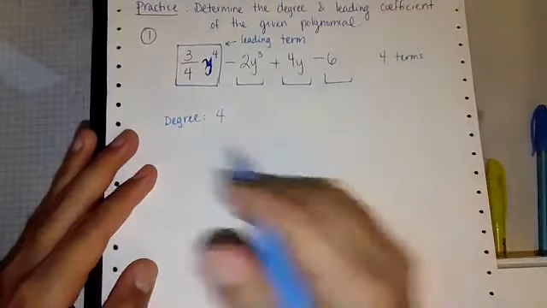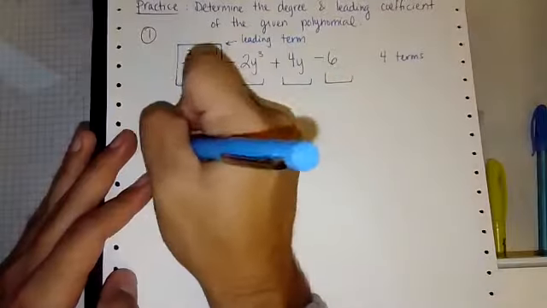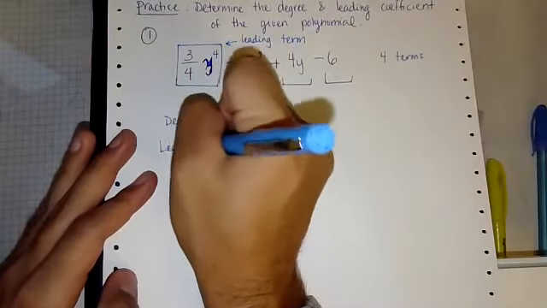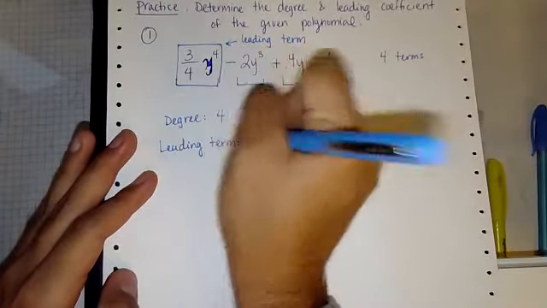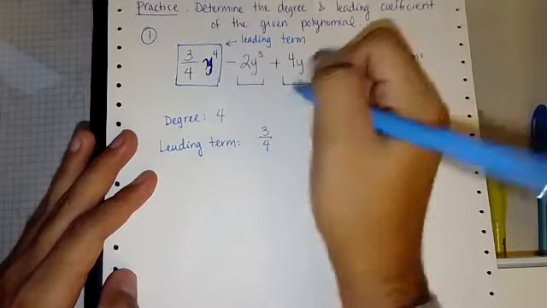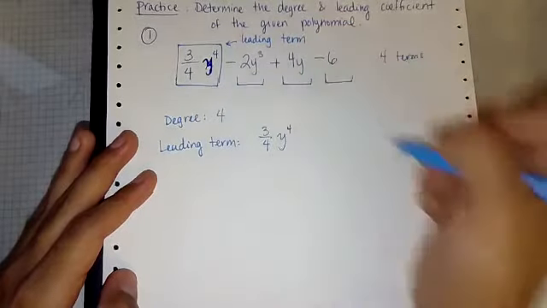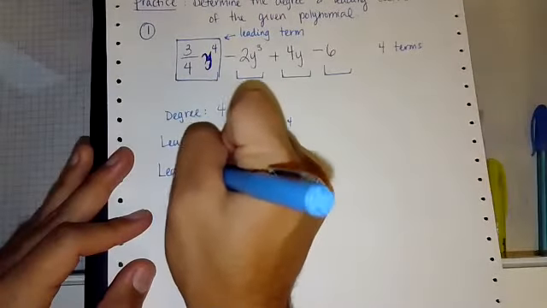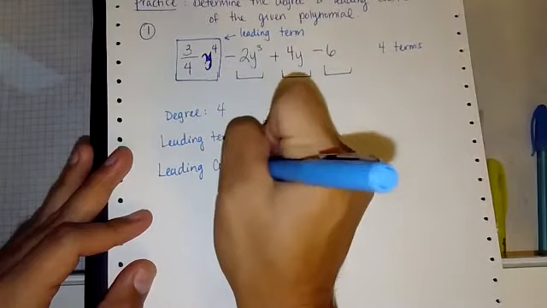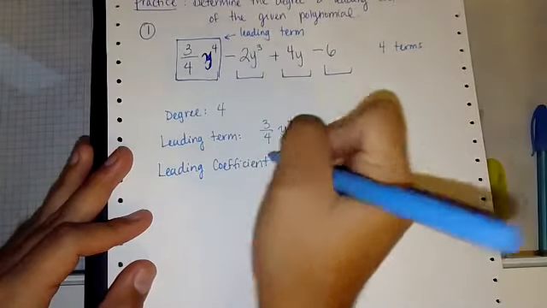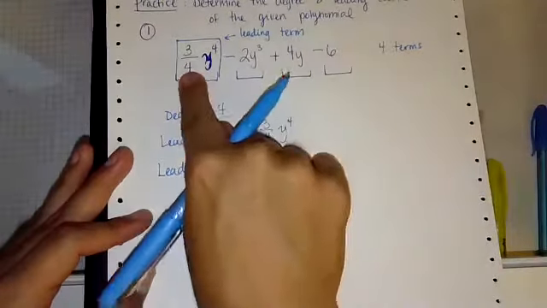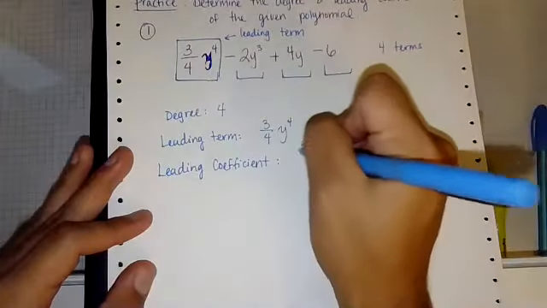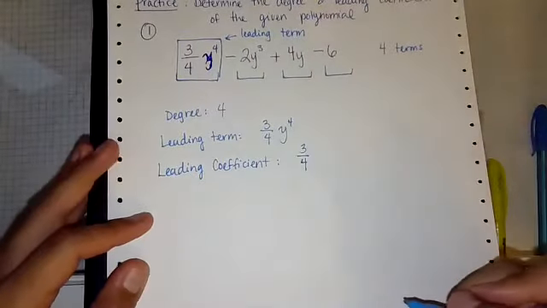Okay, the leading term is the whole thing, 3/4 y to the 4th power. But the leading coefficient is just the number that's being multiplied in the front, 3/4.